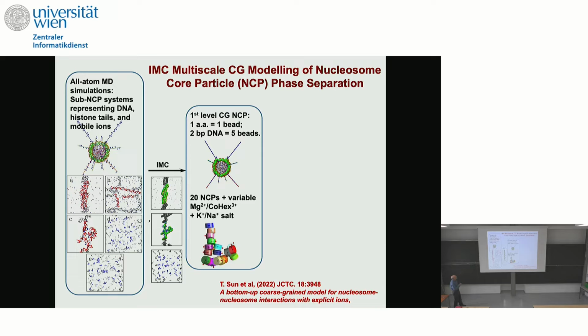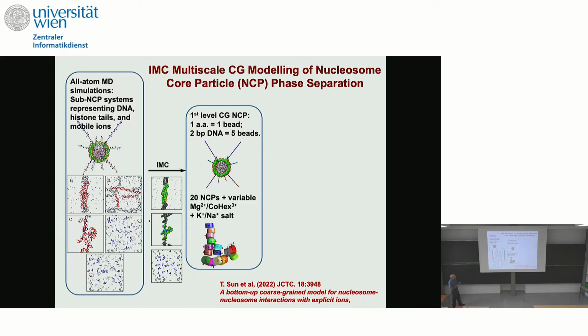We extracted these effective potentials from subsystems rather than simulating a large number of nucleosome core particles. From these various subsystems, we get all the effective potentials for this coarse-grained nucleosome core particle model, which has the same DNA model at the coarse-grained level as I presented in the previous slide for DNA.